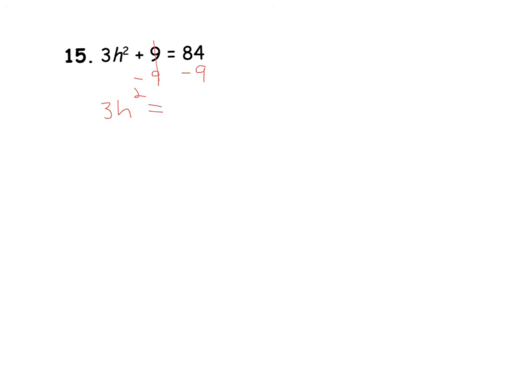That gives us 75. And now we're going to divide by 3. That gives us h squared is equal to 25. And then the last step is to take the square root of both sides. That would give us h is equal to positive and negative 5.